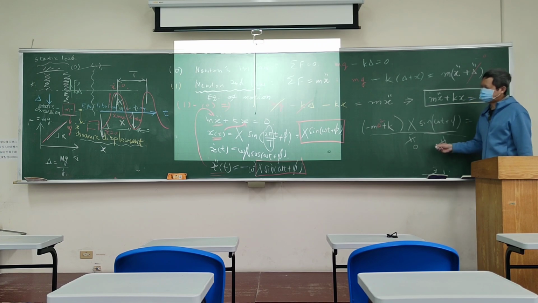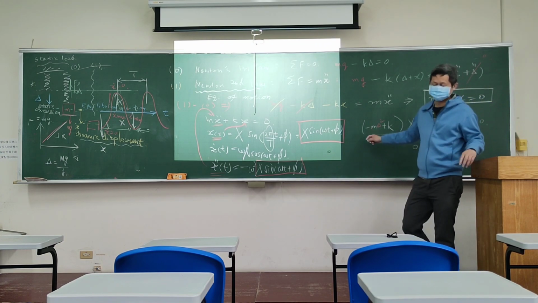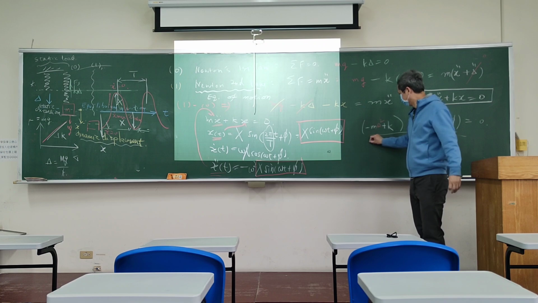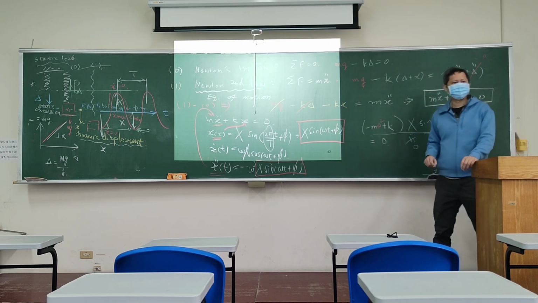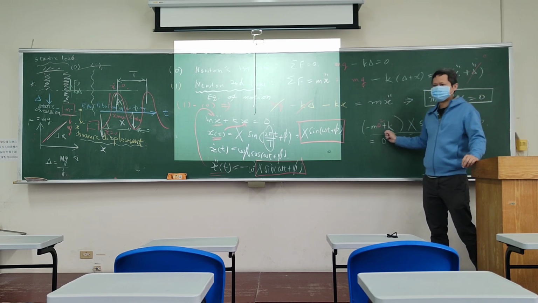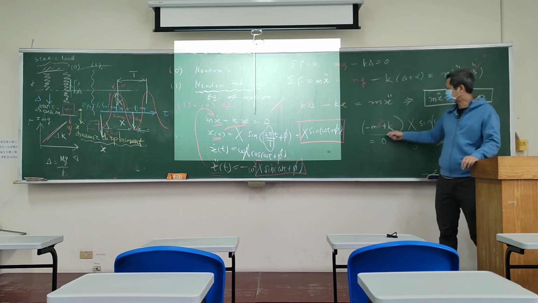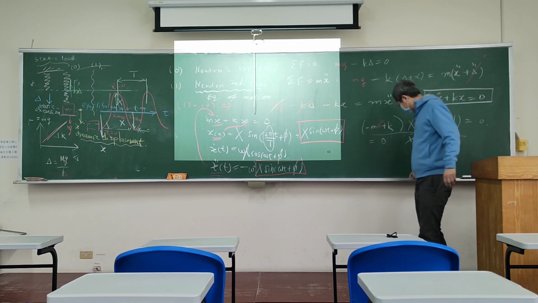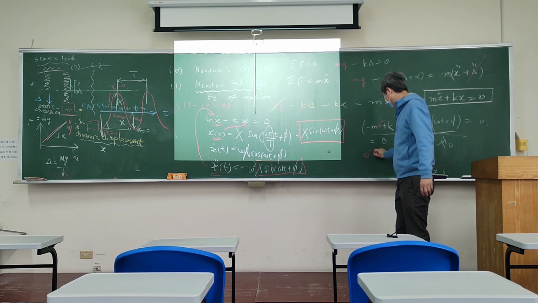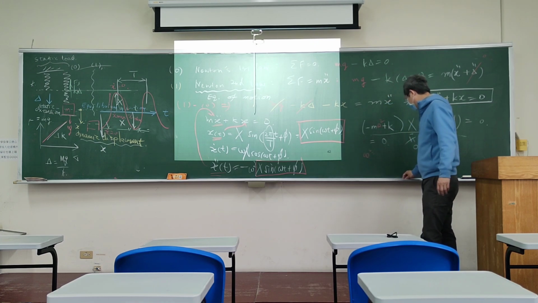So the only possibility for the frequency equation to be satisfied is that this multiplier term is zero. So the coefficient term must equal zero.